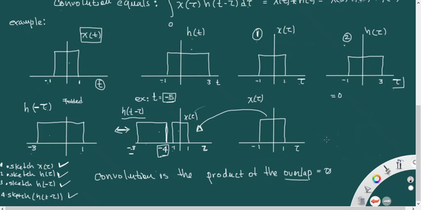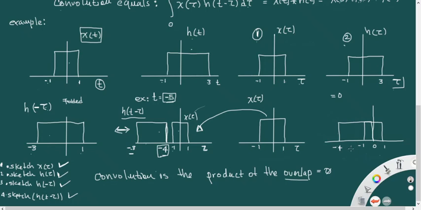Let me write here another quick example so I can explain that to you. So let's suppose that we have this h of t minus tau, and we have this x of tau here. Okay, so this is going from -1 to 1, and let's suppose that this h of t minus tau is going from 0, let's say, to -4.